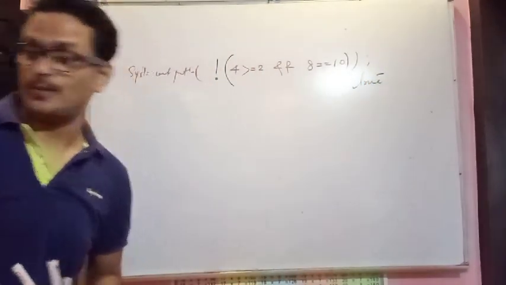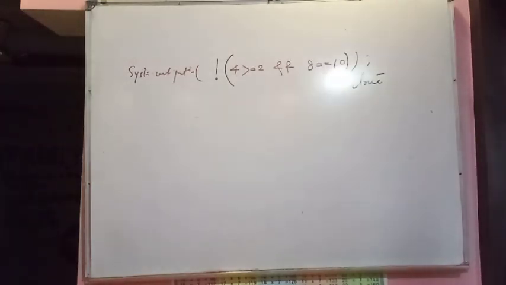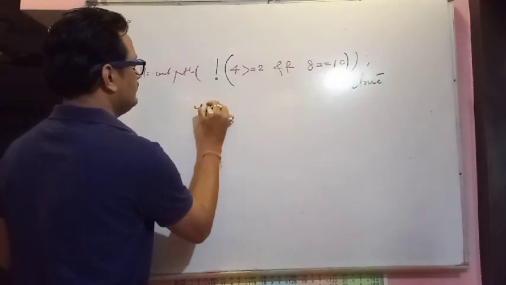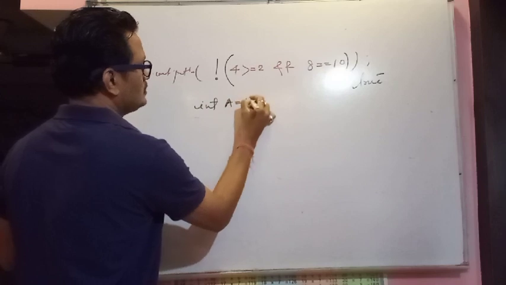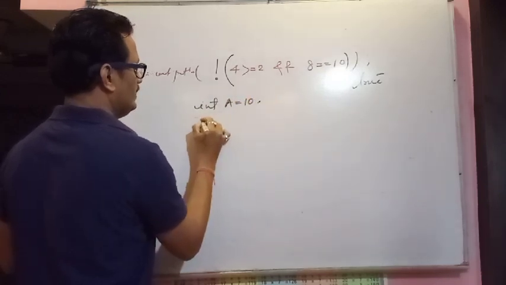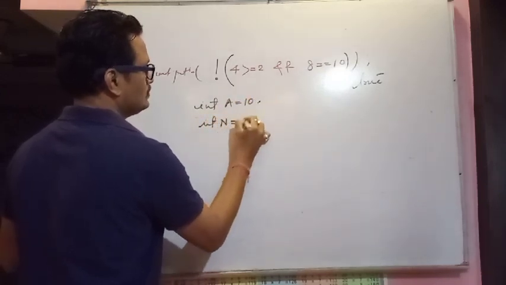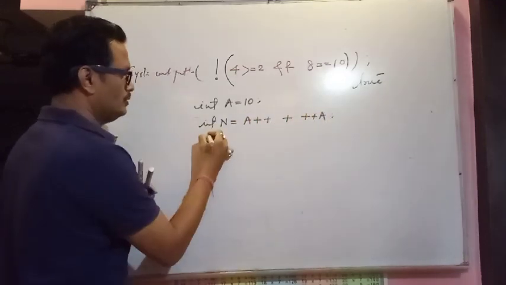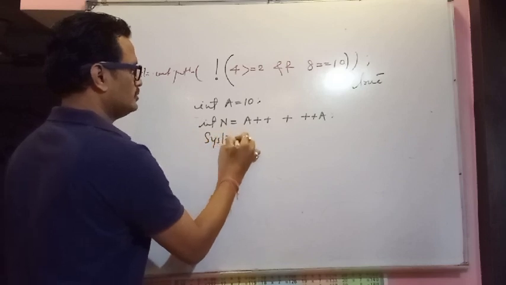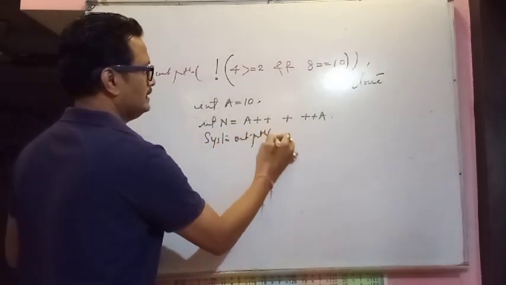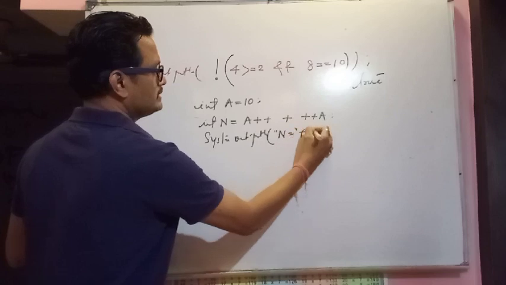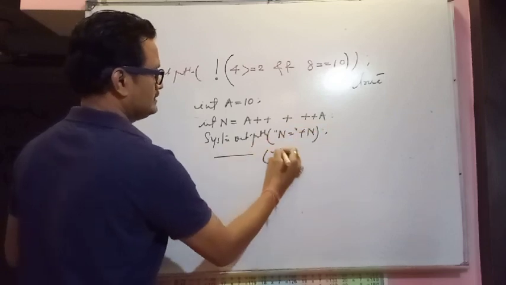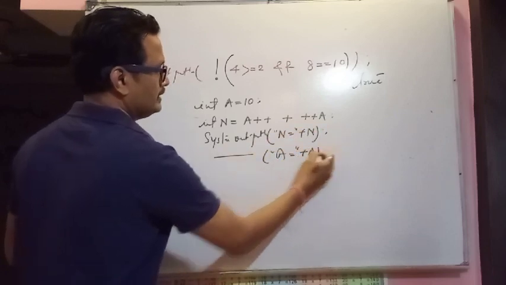Am I clear, children? Just copy this one and revise it. int a = 10, and if you write int n = a++ + ++a, and then print System.out.println("n = " + n) and "a = " + a.